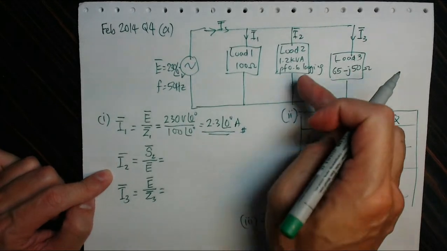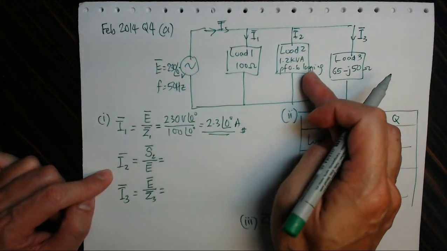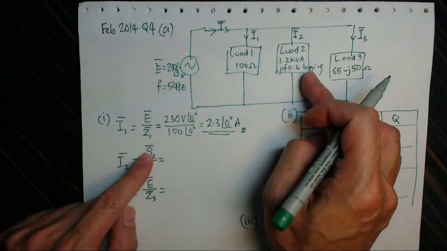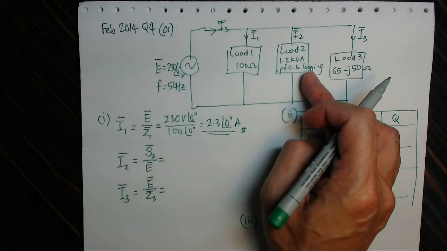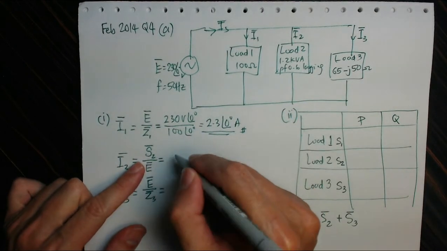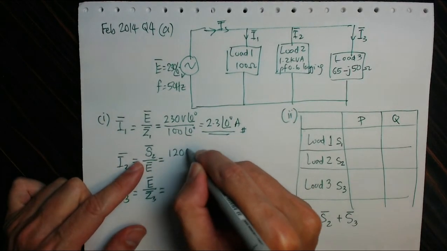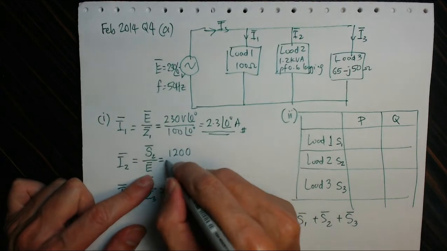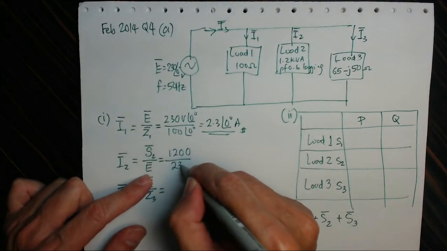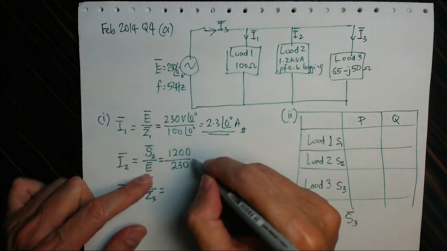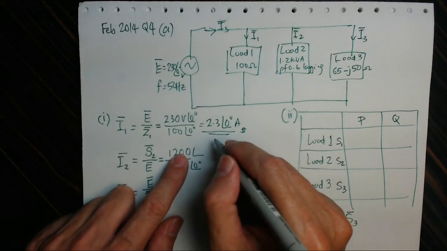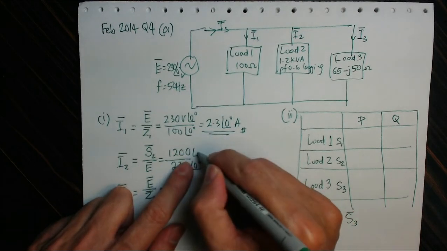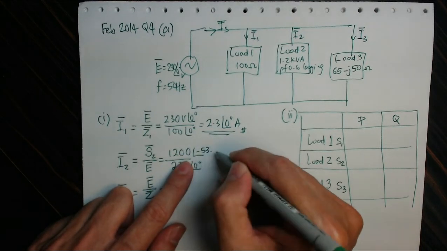Now for the second load, because the actual impedance is not really given, I make use of the other formula where the apparent power is the voltage multiplied by the current. So in this case, the apparent power is 1200 VA divided by the magnitude of the voltage, which is 230. Now the angle is given by the negative of the cos inverse, which is negative 53.13 degrees.